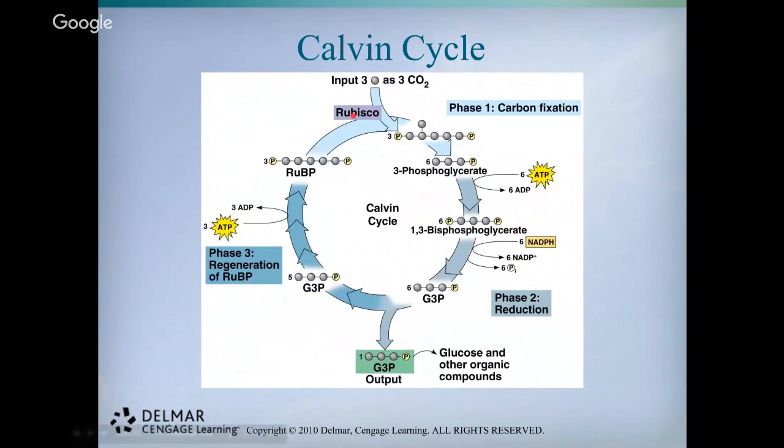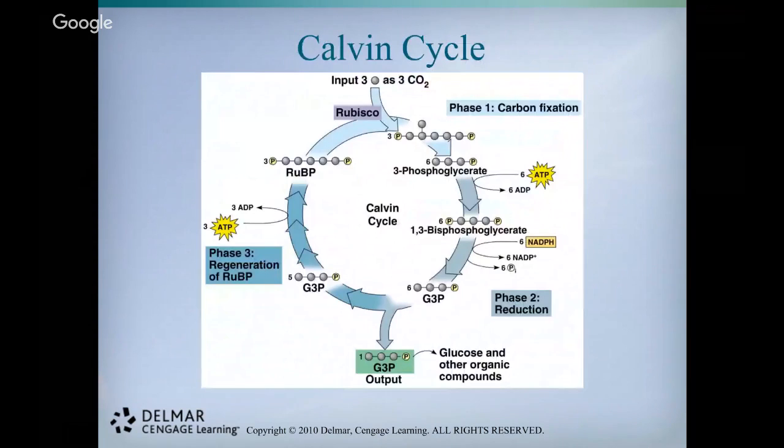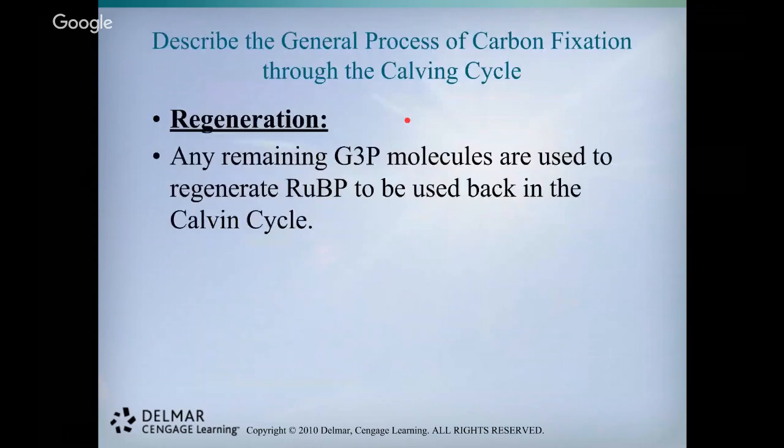Again, the Rubisco enzyme helps attach carbon dioxide to this RuBP, creates a 6-carbon compound, splits in half to create phosphoglycerate. ATP and NADPH are added here to help this cycle go. We get a glyceraldehyde 3-phosphate, and then the cycle continues. And the last one, regeneration, is when that last molecule is regenerated back to RuBP for more carbon to bond with it.